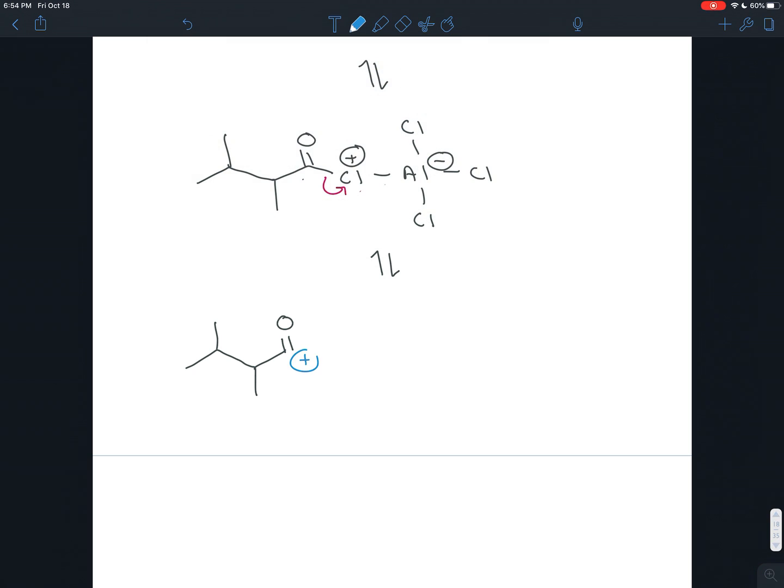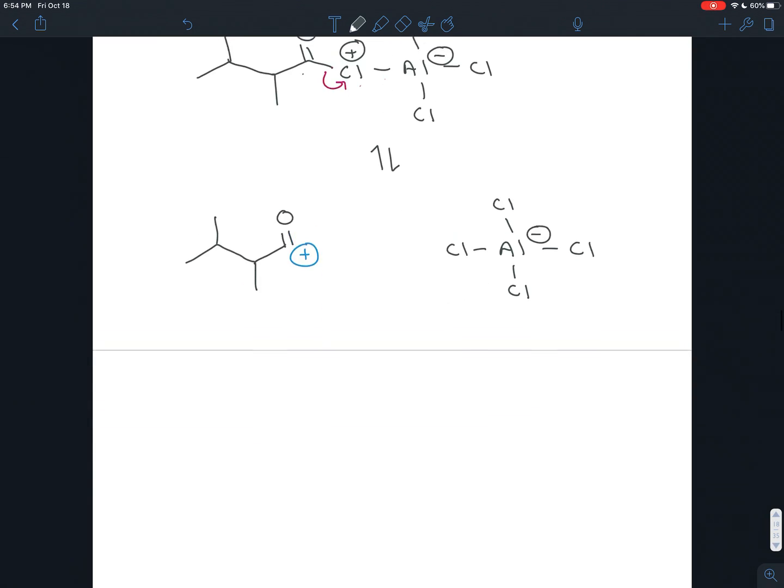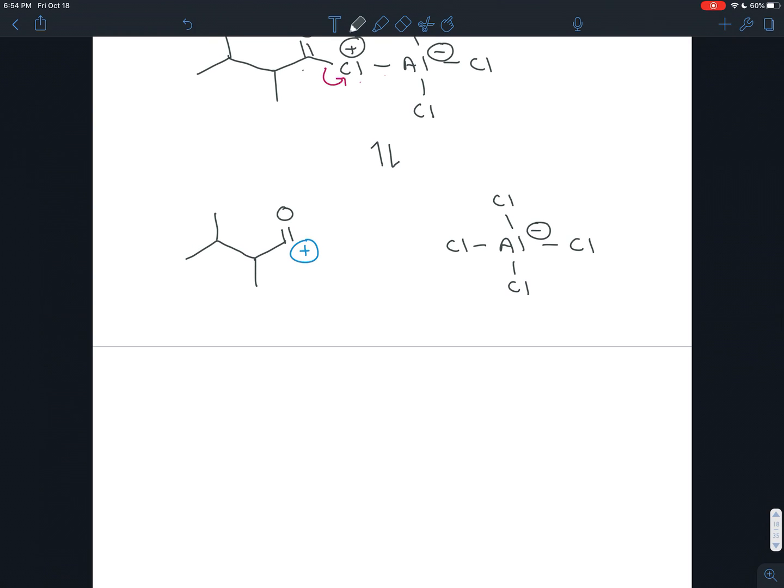You end up with the carbon involved in the carbonyl with a positive charge, and then you end up with this metal bonded to 4 chlorines. And they're both pretty unstable, but this molecule on the left is able to form a resonance structure because you have lone pairs next to a positive charge.